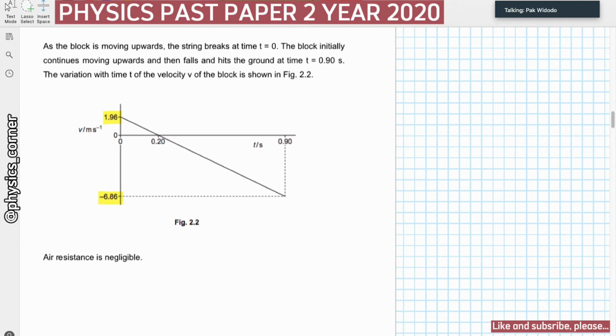We use this graph. We can use the area, because area equals height, since the graph is velocity versus time.